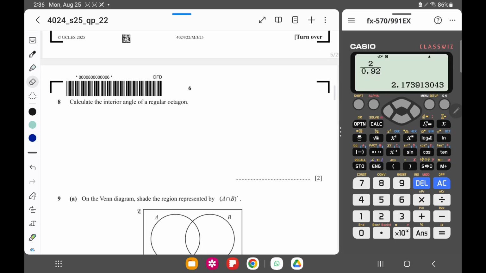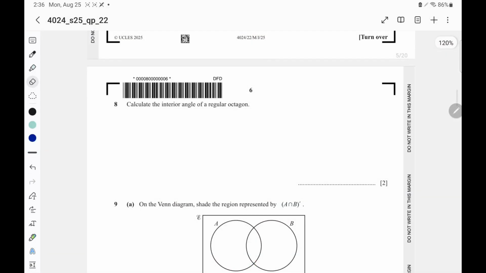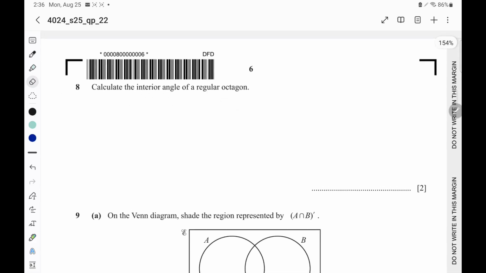All right, now the next question is question number 8. Calculate the interior angle of a regular octagon. Regular means all sides are equal, and octagon means 8 sides, so n equals 8.